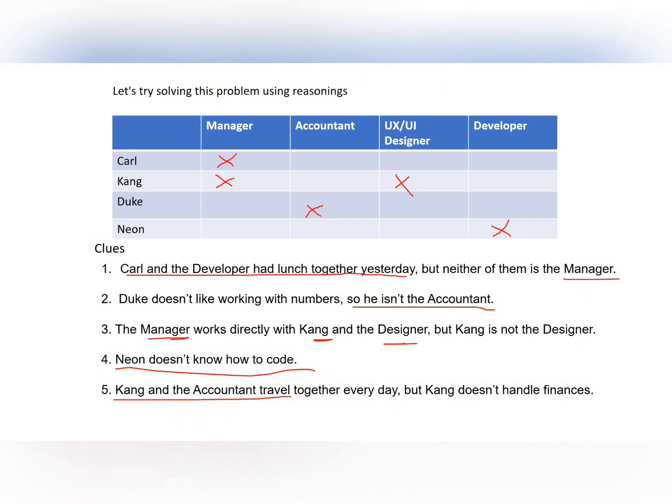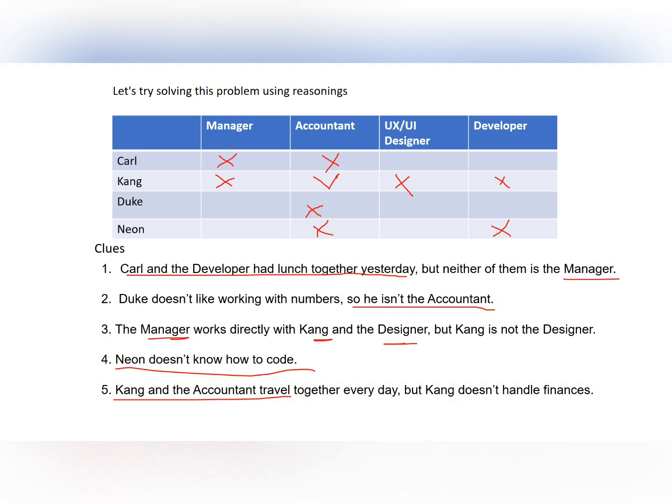I know that this sentence is somewhat misleading or ambiguous, but all these clues prove that Kang is the accountant. Check this out. Cross this out and this as well.